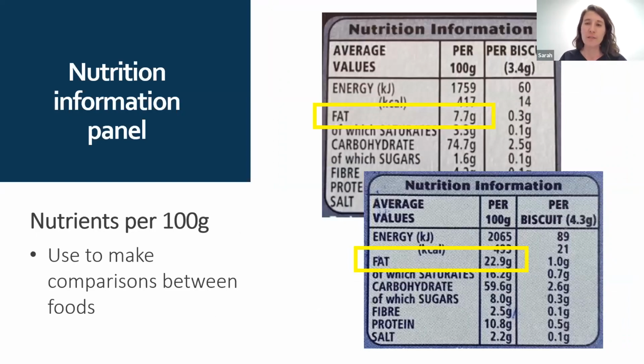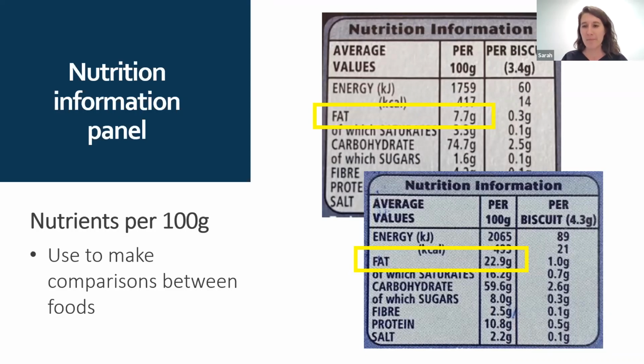In terms of the nutrients per 100 grams, this is really helpful when you're trying to make comparisons between two foods. So you, for example, have picked up 2 different breakfast cereals, and you want to know which one of these contains more sugar or less sugar. By comparing the per 100 grams of a like-for-like product, it's easy to see which might be the better choice.